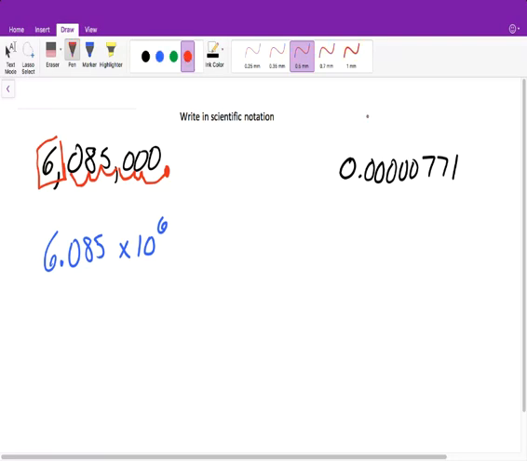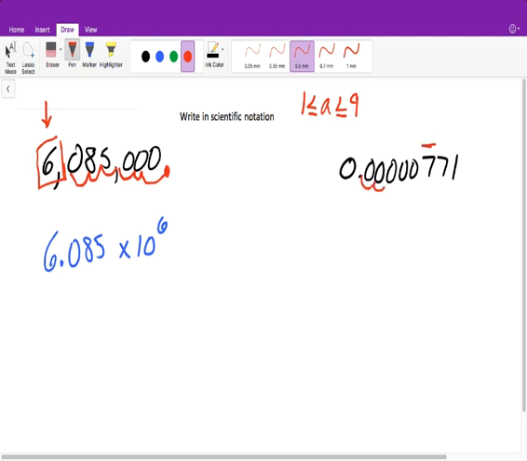All right, same thing for here. Remember, our goal was to get a number that is greater than or equal to 1, but less than 10. We want that digit all by itself, which is why we looked for 6. So then we need to move this until we get one of those digits by itself, which would be this 7.